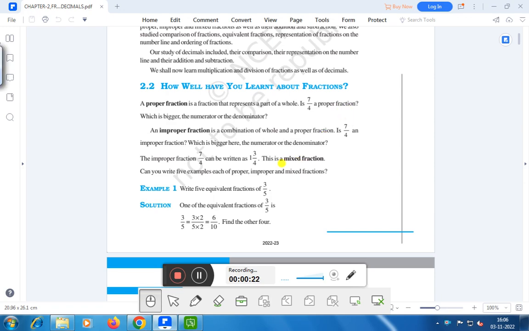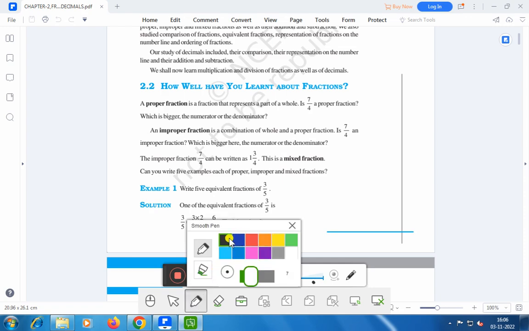For example, if we draw a figure like this, and if the parts are equal, suppose 1, 2, 3.